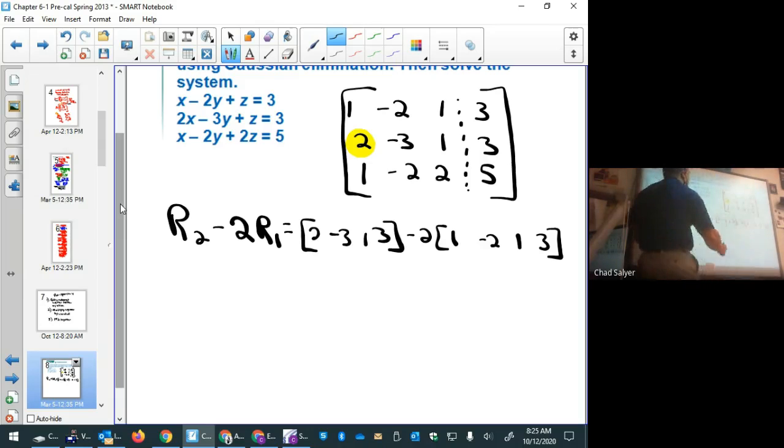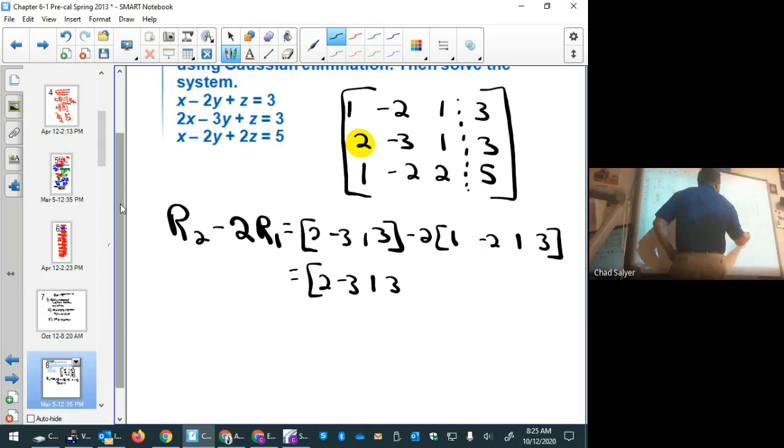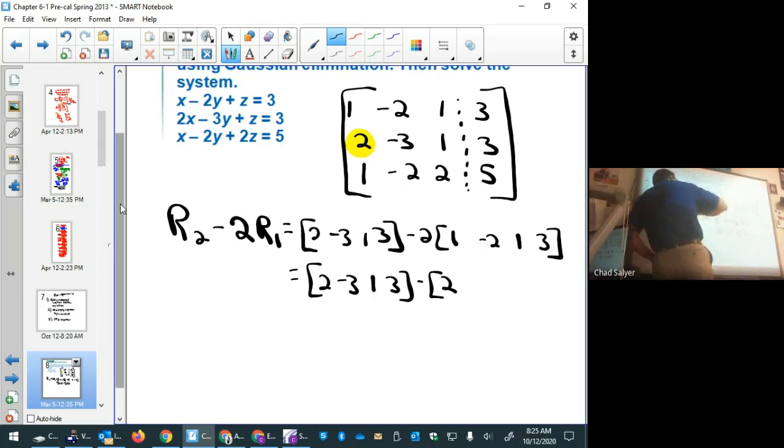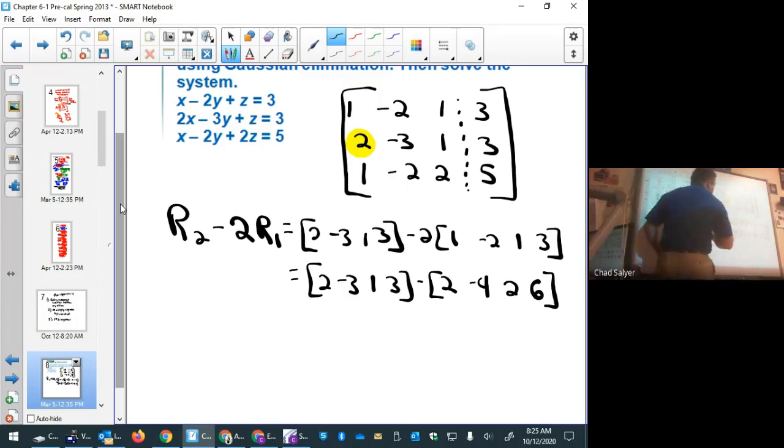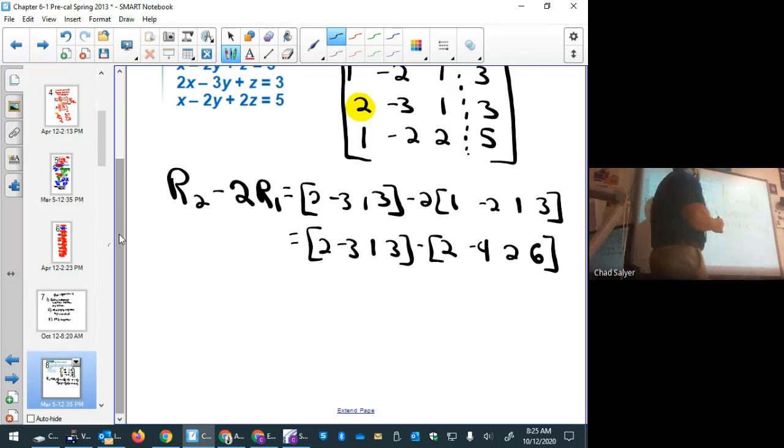So this is 2, -3, 1, 3, minus 2 times row 1. To multiply a matrix by a scalar, we just multiply all the elements by that scalar. It's very intuitive. Matrices in general are very intuitive. That's their strength. And to subtract a matrix from another, you just subtract the corresponding elements.